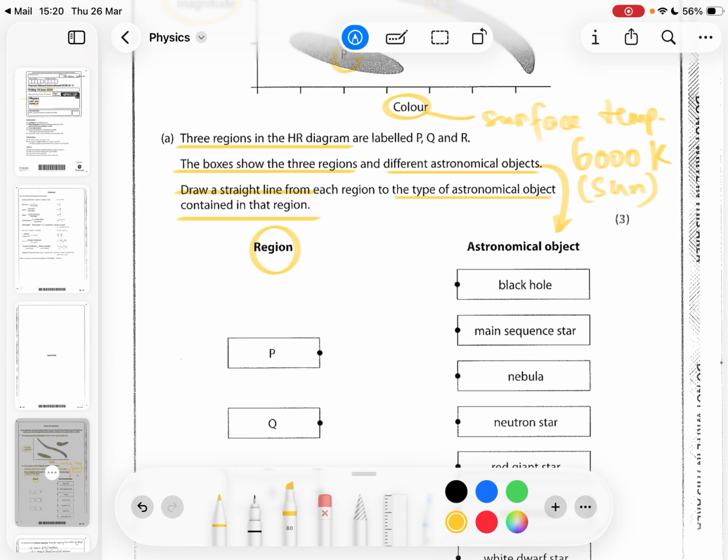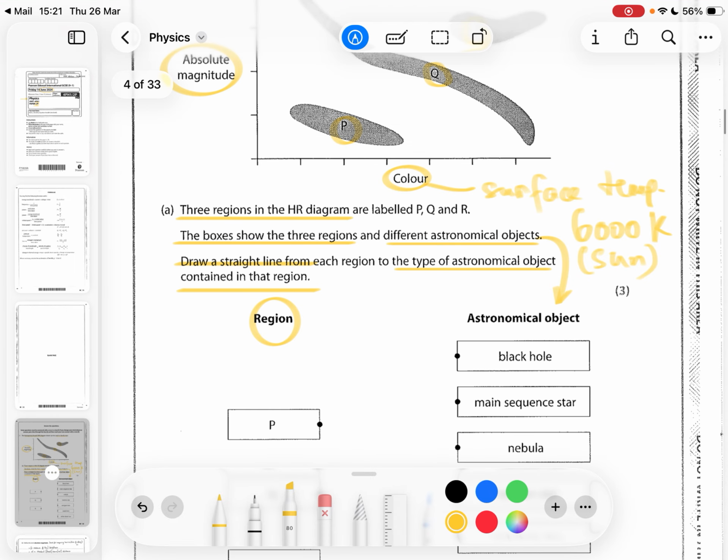Okay? So P is a white dwarf star. The ones that are gathered here have high temperatures because, believe it or not, the temperature increases this way. Let me just change the color for that.